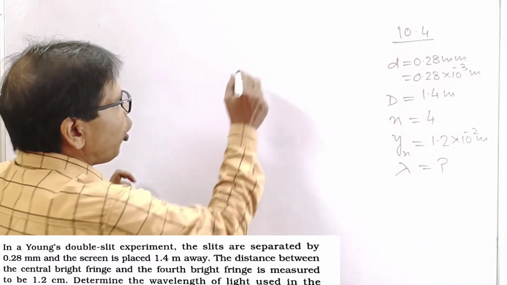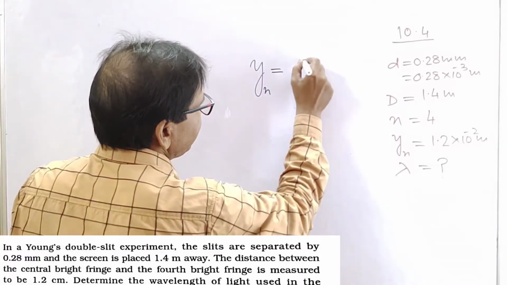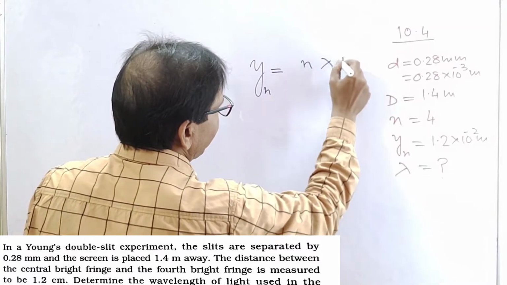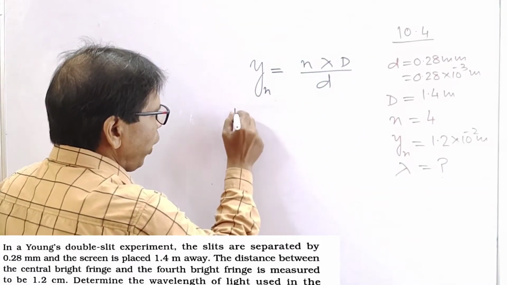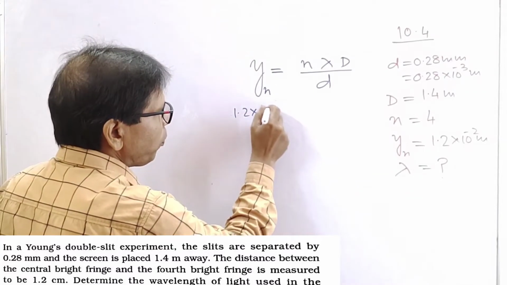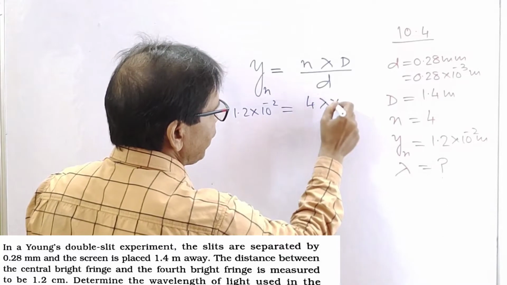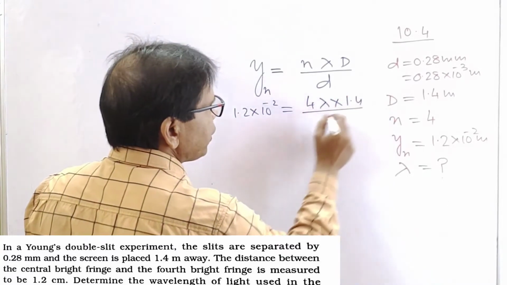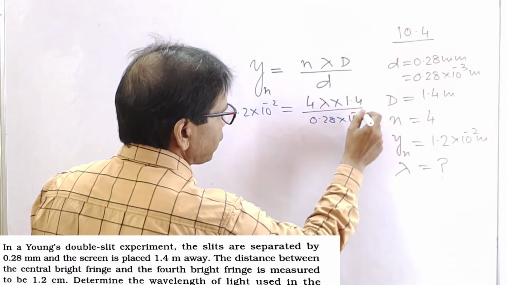Now the distance of the nth bright fringe from the central fringe is n lambda capital D by small d. So this is 1.2 into 10 to the power minus 2 equals 4 lambda into 1.4, divided by 0.28 into 10 to the power minus 3.